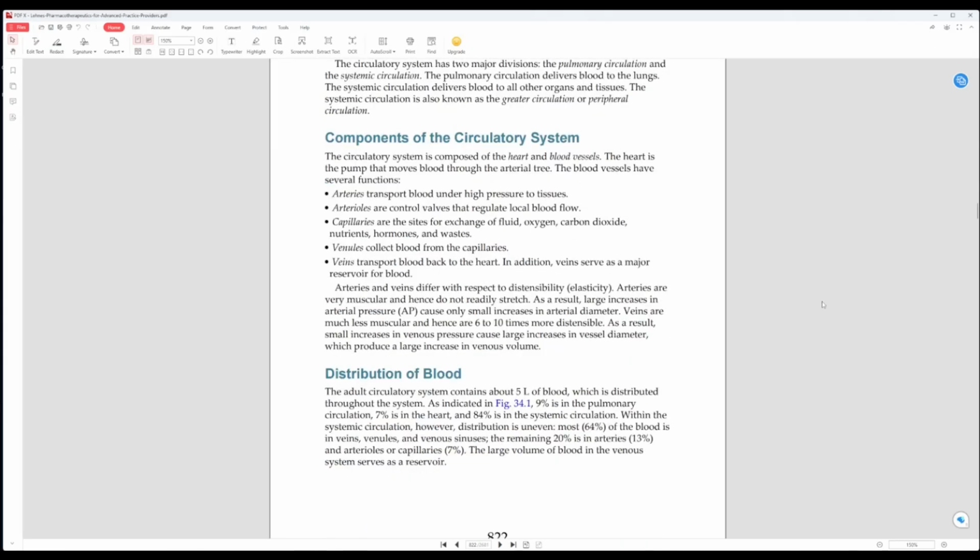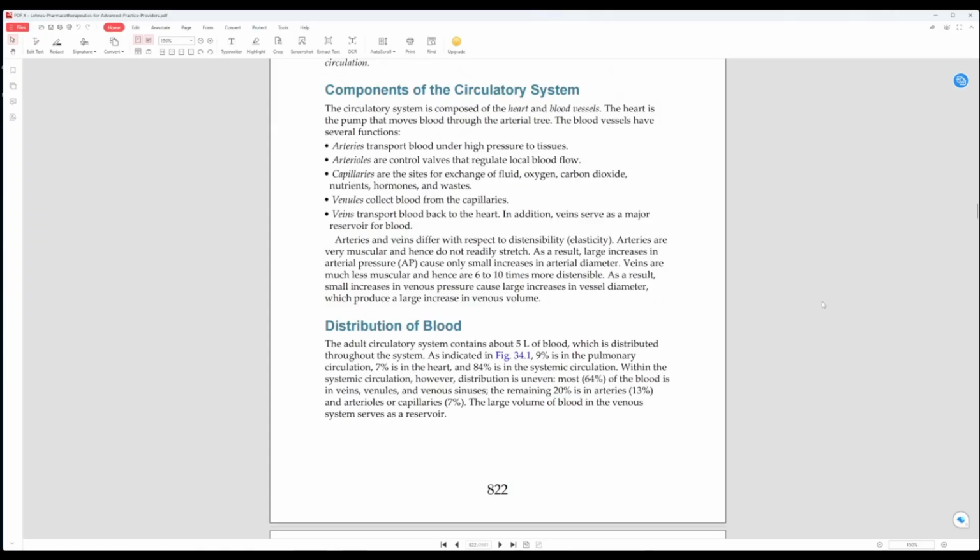So we do have some components of the circulatory system. The circulatory system is composed of the heart and blood vessels. The heart is the pump, and that moves blood through the arterial tree. The blood vessels have several functions. So we'll start with arteries. Arteries transport blood under high pressure to tissues.